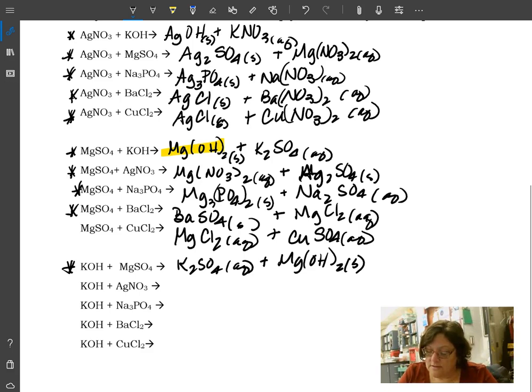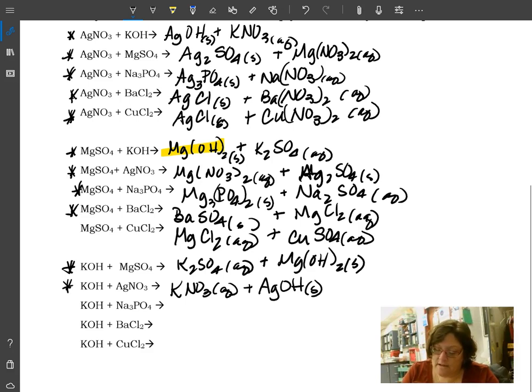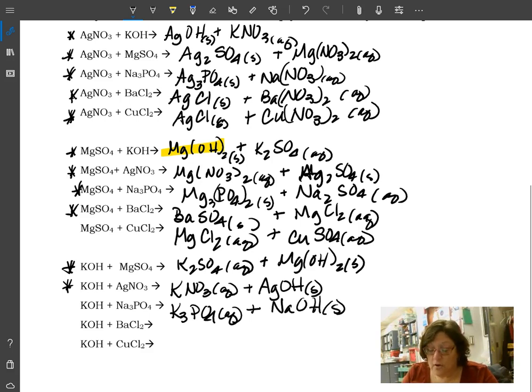Potassium hydroxide and silver nitrate. Potassium nitrate will not form a precipitate, but silver hydroxide will. Potassium hydroxide and sodium phosphate. Potassium phosphate will not precipitate, and sodium hydroxide will not precipitate. So there'll be no precipitate in that reaction.